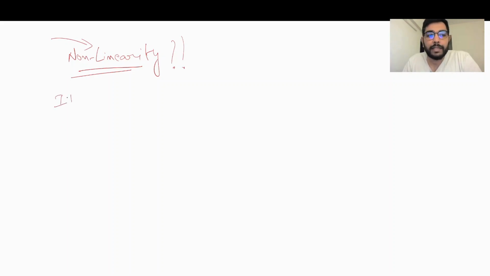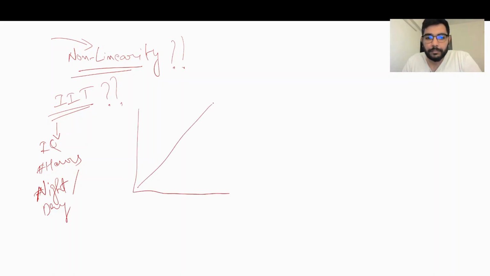So we have an example where we have IIT clearance predictability for the student, right? We have IQ, number of hours studied, and the third one is if the student prefers to study in day or night. If this were a linear equation, these are our features and this is the probability of the student cracking IIT.